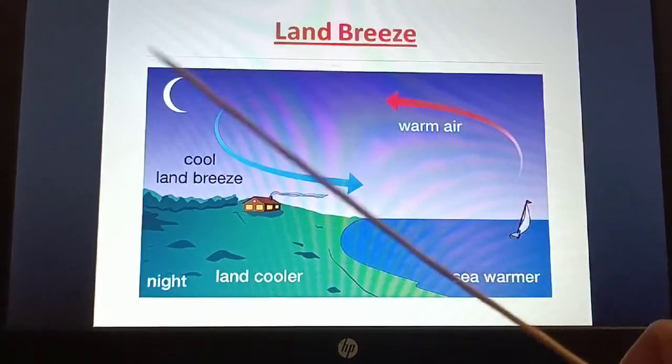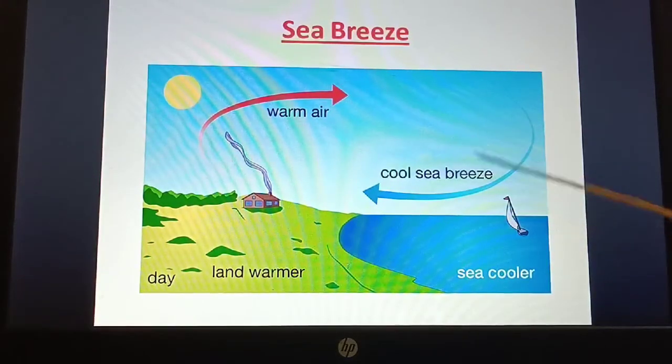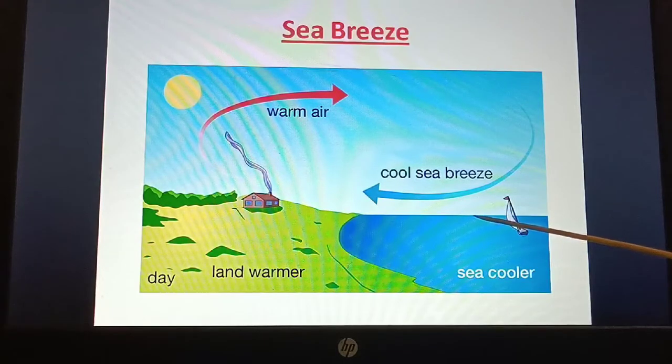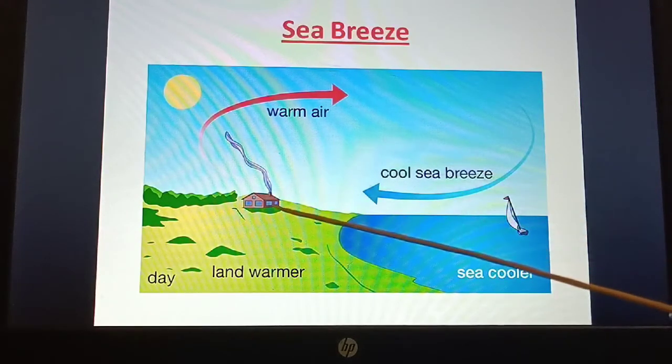During the day, the air above the water in the sea is cooled, so the air from the sea will move towards the land.